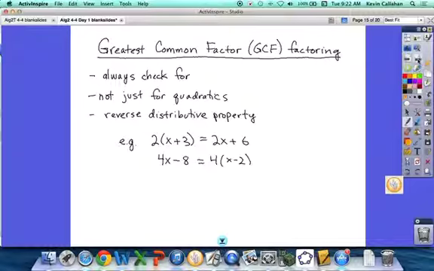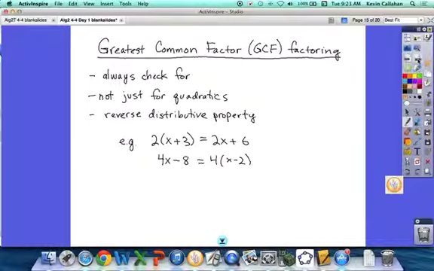A lot of times there's going to be more than one kind of factoring in the same problem. Usually you have to do some greatest common factor factoring, and then there might be, for example, the simple quadratic trinomial after that point. So you always want to check for this one. It will make problems much easier.